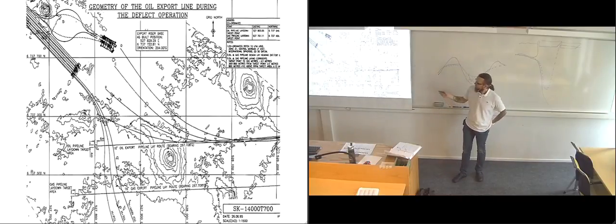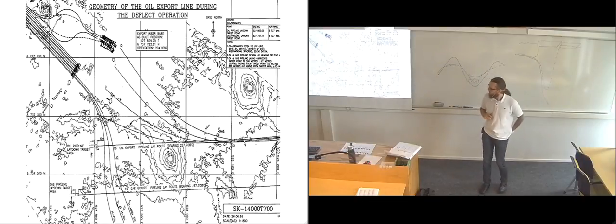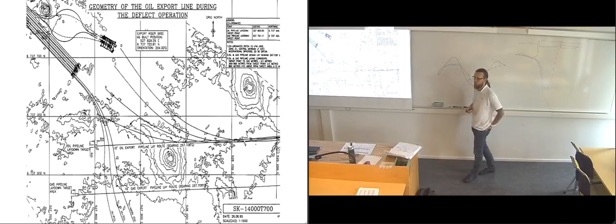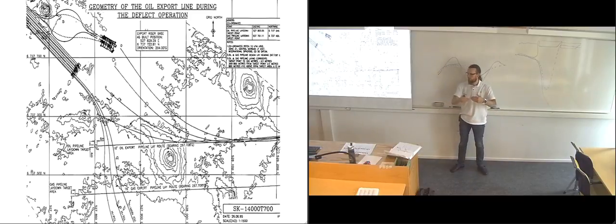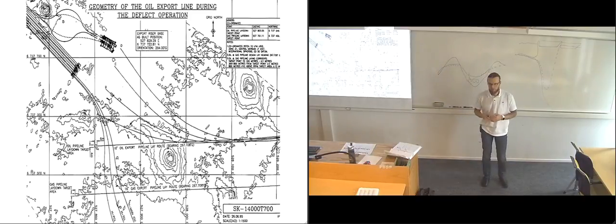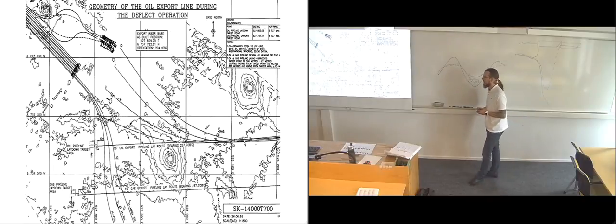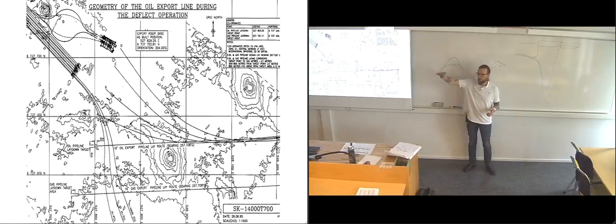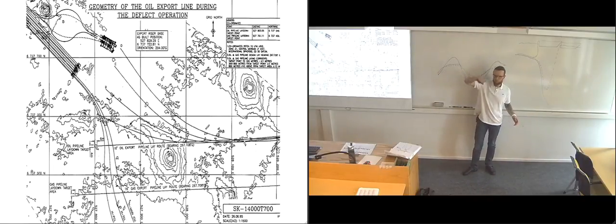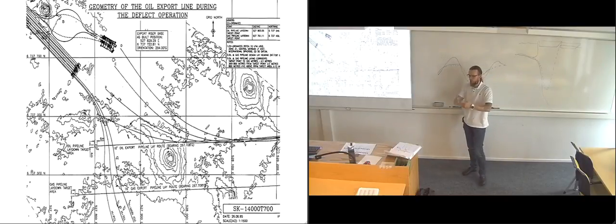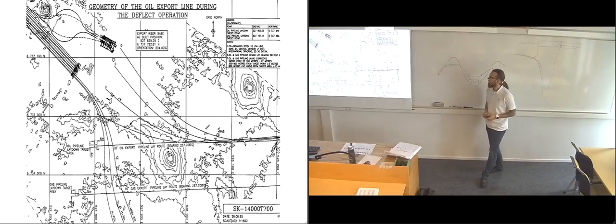And if something should happen here, that you get a break in the line, basically what they do is the same as what we saw when they were connecting these two pipelines in the animation last lecture, where they had placed one pipeline in the Baltic Sea, one from one direction and one from the other direction, and then when they met in the middle, they were going to weld them together.